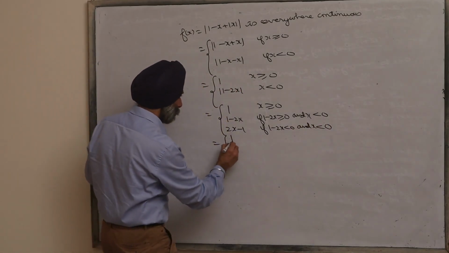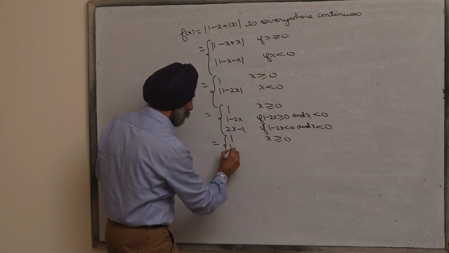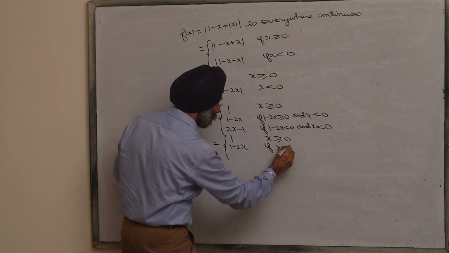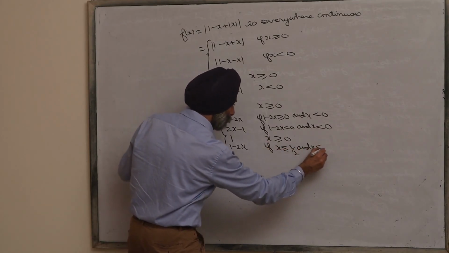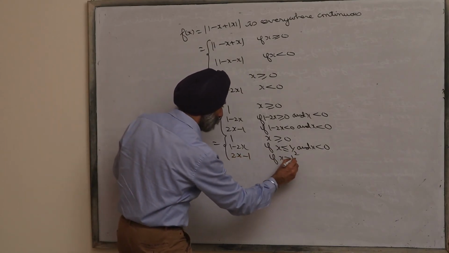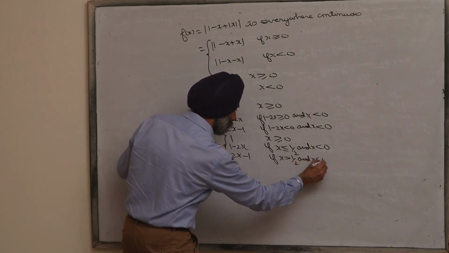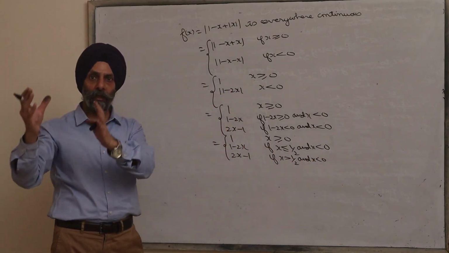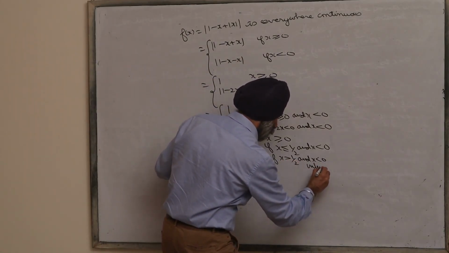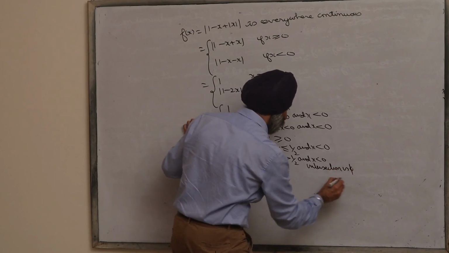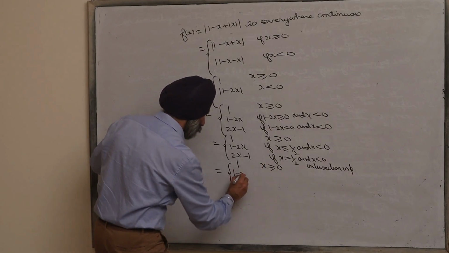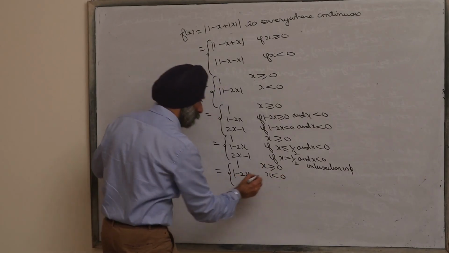So you can see here this is 1 if x is greater than or equal to 0, and 1 minus 2x if 1 is greater than or equal to 2x, meaning x is less than or equal to half, and x is less than 0, and 2x minus 1 if x is greater than half and x is less than 0. Now x cannot be both greater than half and less than 0, so their intersection is empty. So the only possibility is 1 if x is greater than or equal to 0, and 1 minus 2x if x is less than 0.